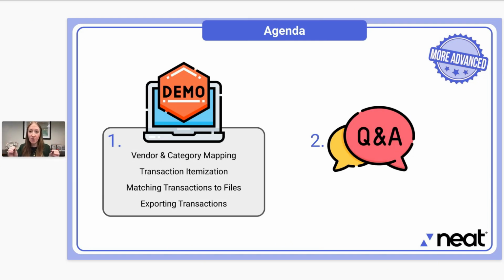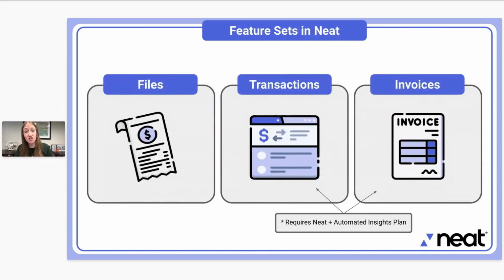But as a quick reminder as we get started, I wanted to mention that Neat has three main feature sets. The feature sets are files features, transaction features, and invoicing features. And just so I'm sure that we're all on the same page, I do want to share my Neat account with you guys real quick so I can show you where each of those feature sets lives.